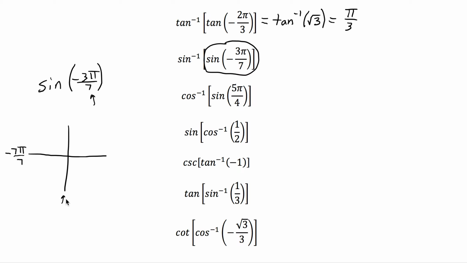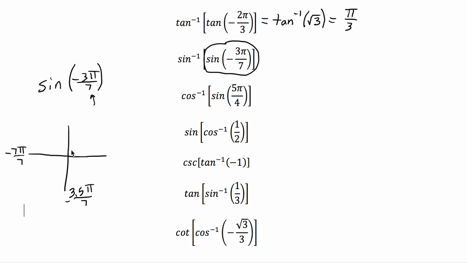So half of 7, what is half of 7? Half of 7 is 3.5. So, I mean, this is not really pretty, but 3.5 pi over 7 would be right here. Okay, and then if I compare my answer in parentheses to that, I want to plot negative 3 pi over 7, so that's not quite as far as negative 3.5 pi over 7.